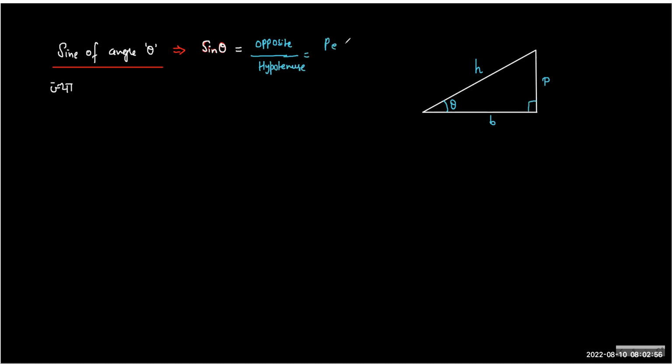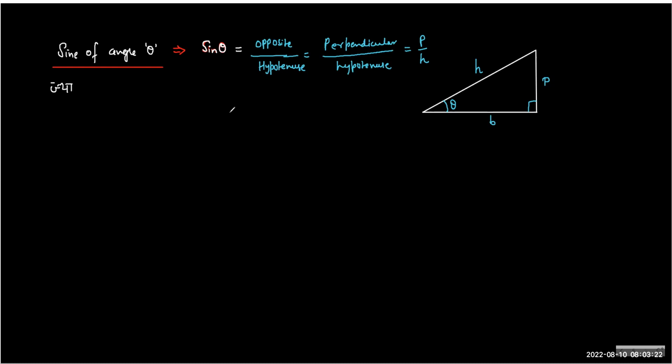This is 90. Or because of the symbols I have assigned here, we can write P by H, right? So this is the simple definition of sine of an angle.